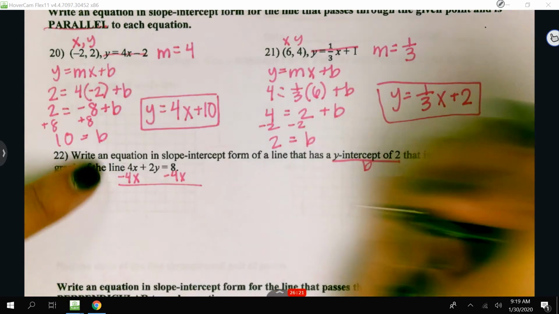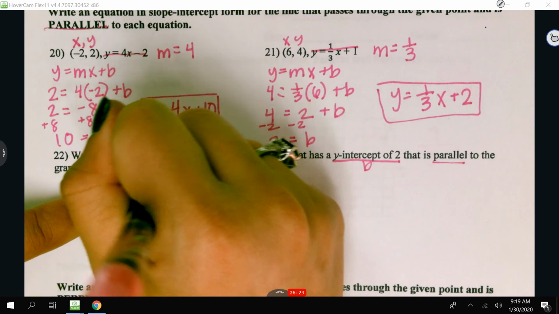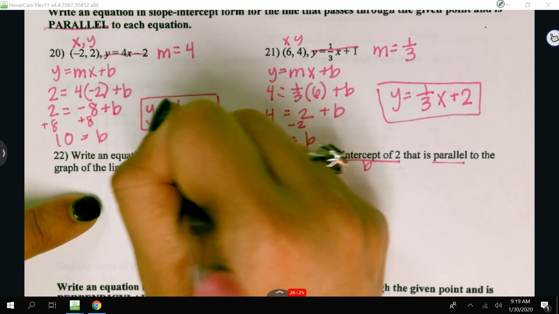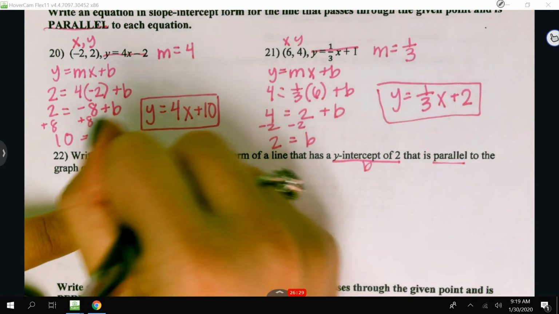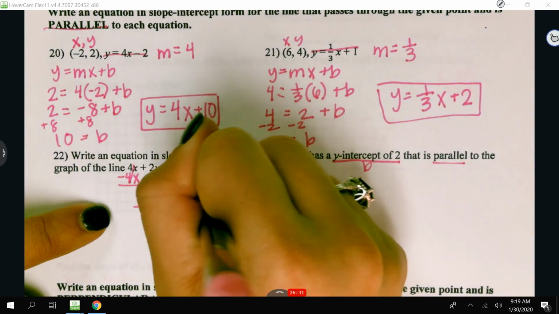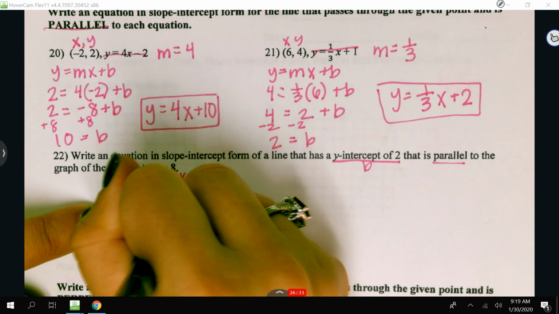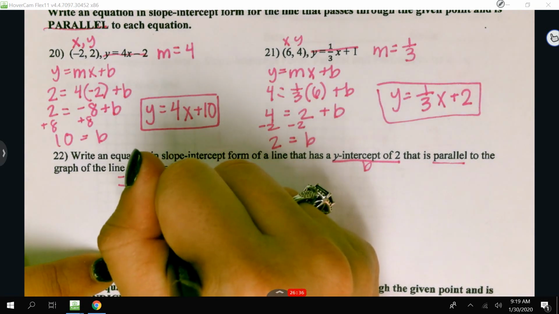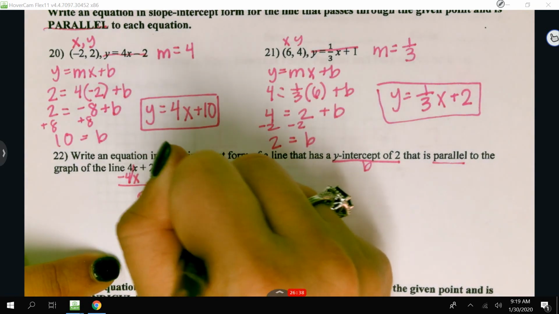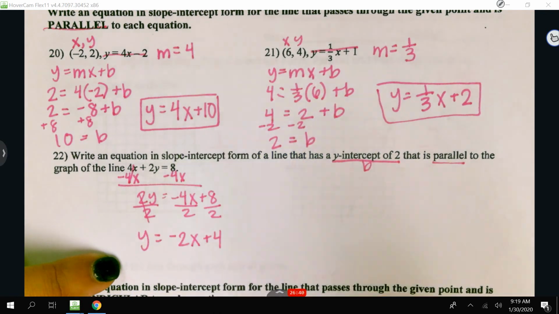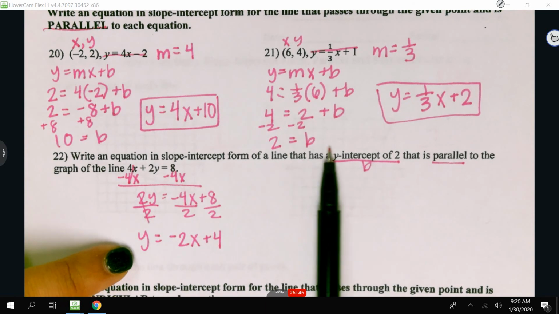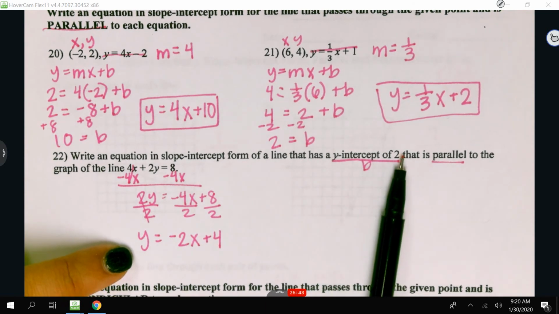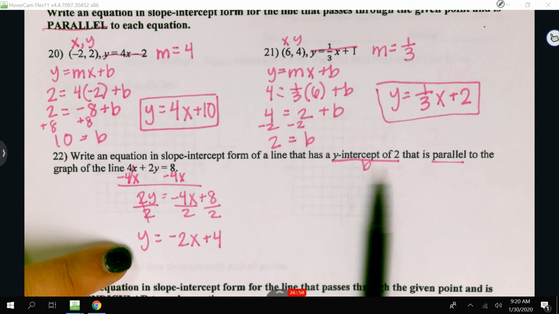So you're subtracting 4x, which leaves you with 2y equals negative 4x plus 8. And now what? Divide everything by 2. Yep. So then your equation should be y equals negative 2x plus 4. So you've got this equation that's running parallel to a line with a y-intercept of 2. We need to find the equation with that y-intercept of 2.